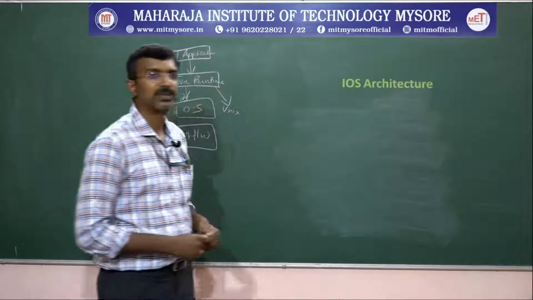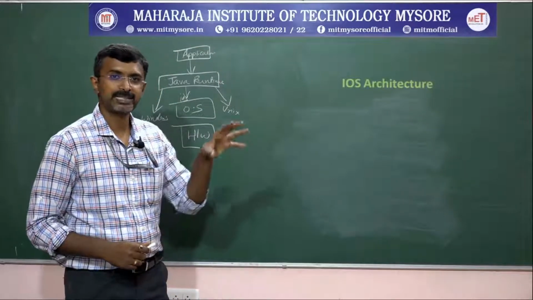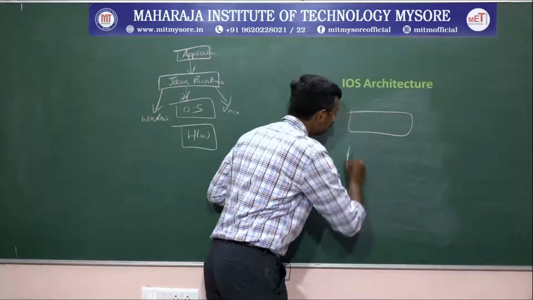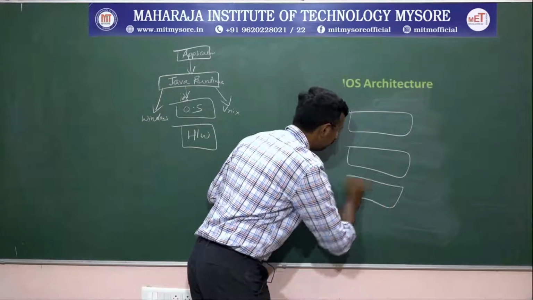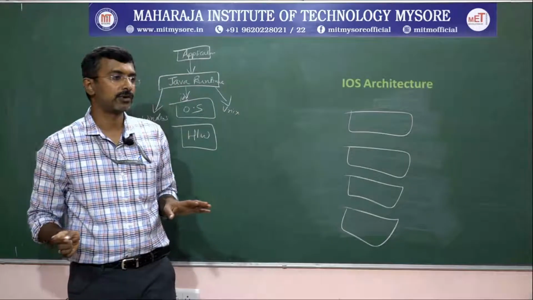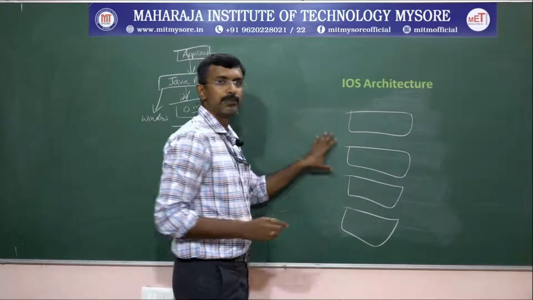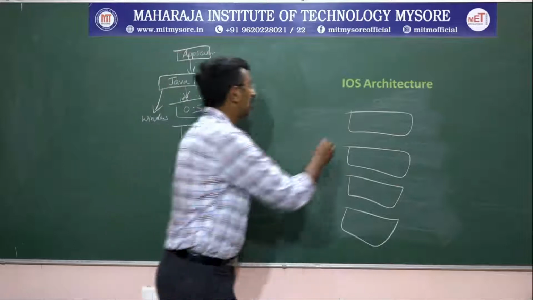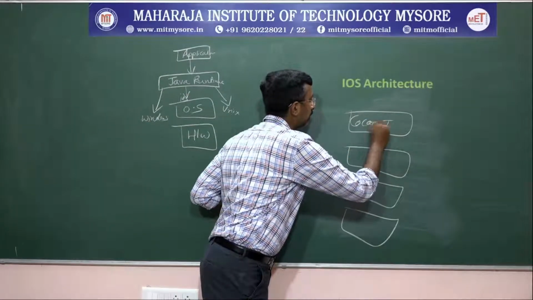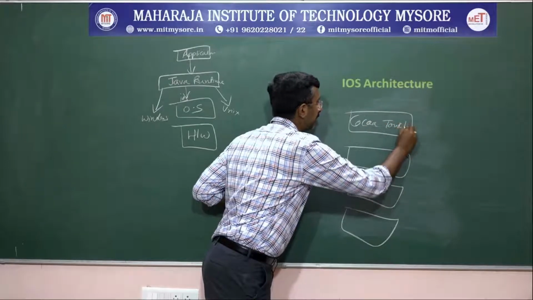Then we have to look at the iOS architecture as well. It's a pretty simple one with only 4 boxes. They do not give you the complete architecture, they give you a very simple way of conveying it. They call the first layer Cocoa Touch, I'll explain it.